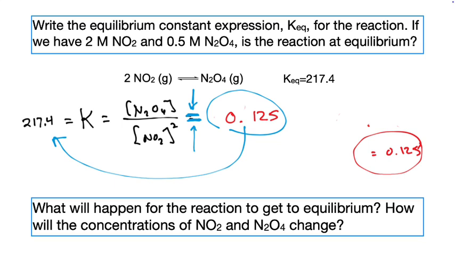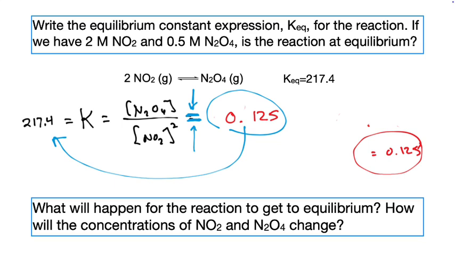English is going to be a dodgy one on this. We removed some of the NO2. For the N2O4 to go up, the NO2 has to react, and so its concentration is going to go down so the N2O4 can go up.